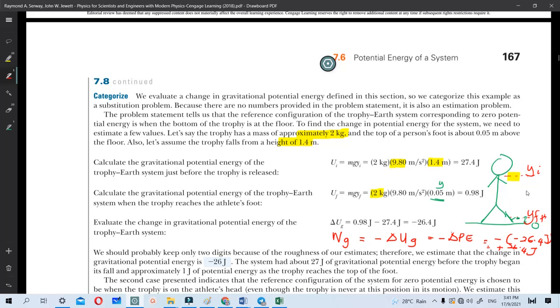If you write down 26.4 joule, you can write it again in the form of change in kinetic energy, calculating the v final and v initial. If it starts from 0, then you can calculate what will be the v final by the time it hits the top of the foot.